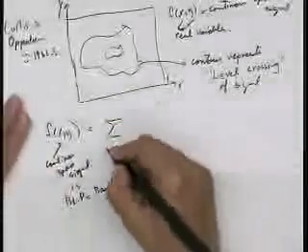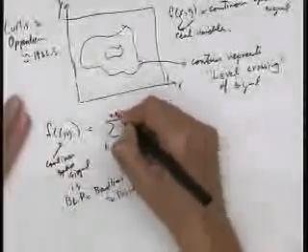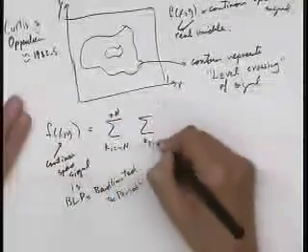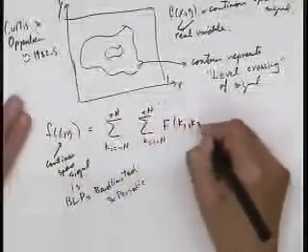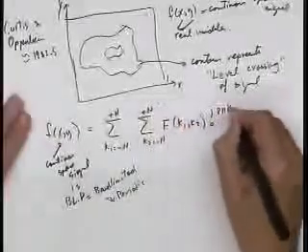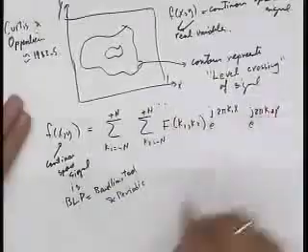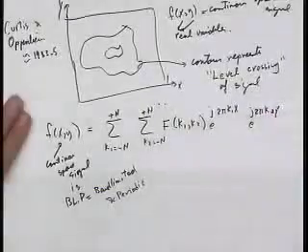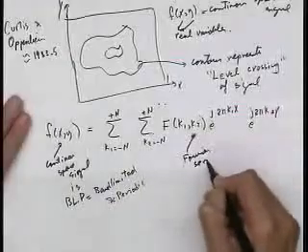So the Fourier series expansion is the summation from k1 minus N to plus N and k2 minus N to plus N, f of k1 and k2, e to the j 2 pi k1 x, e to the j 2 pi k2 y. And these are the Fourier series coefficients.